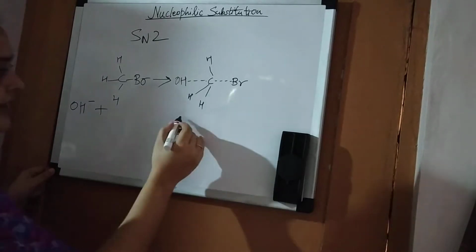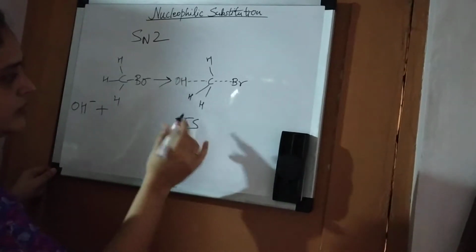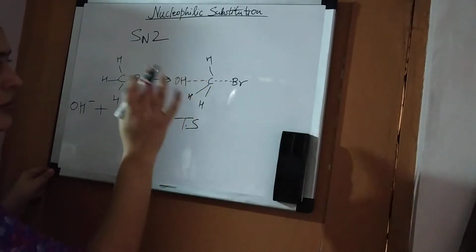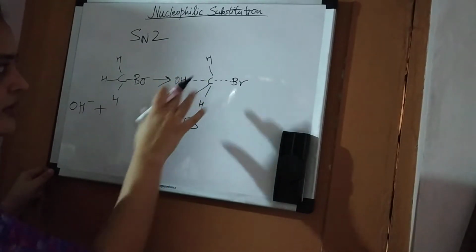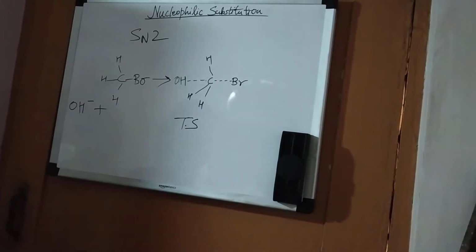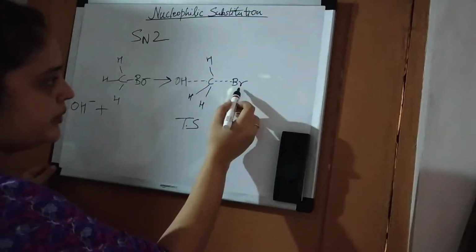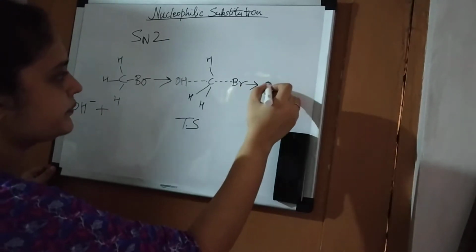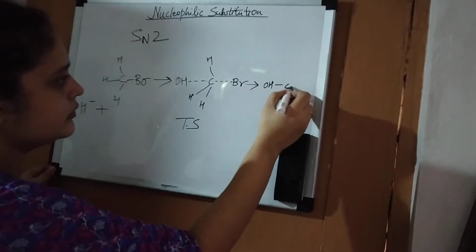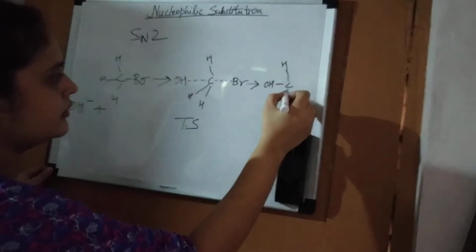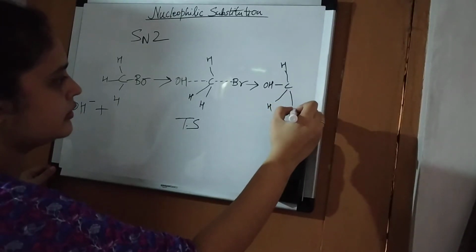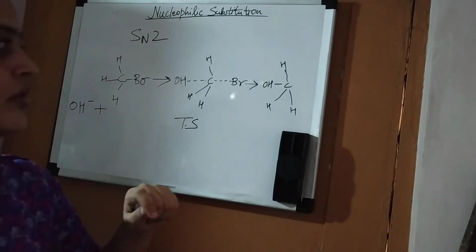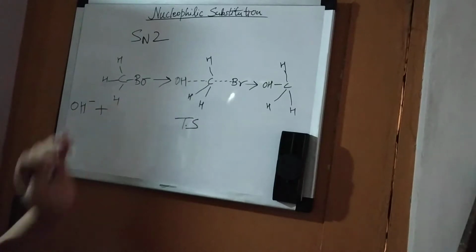This transition state is very unstable because carbon is attached to 5 groups, and it is tetravalent, so it must be attached to only 4 groups. So the bromine group leaves, and we get this as the product. This is CH3OH, an alcohol, methanol.